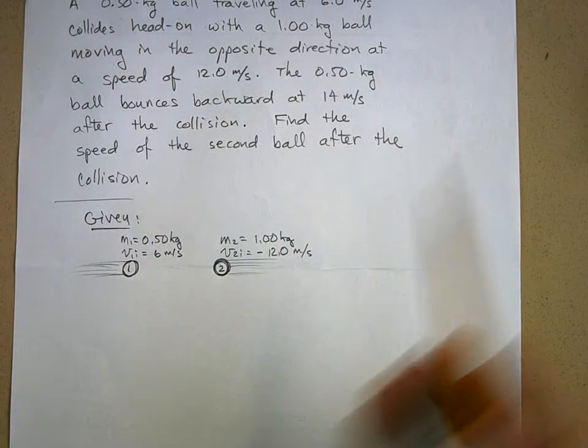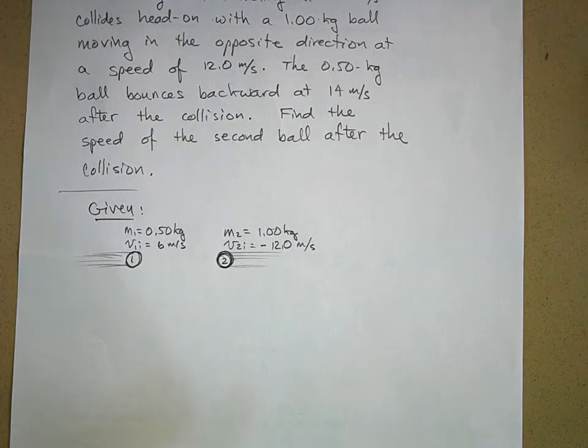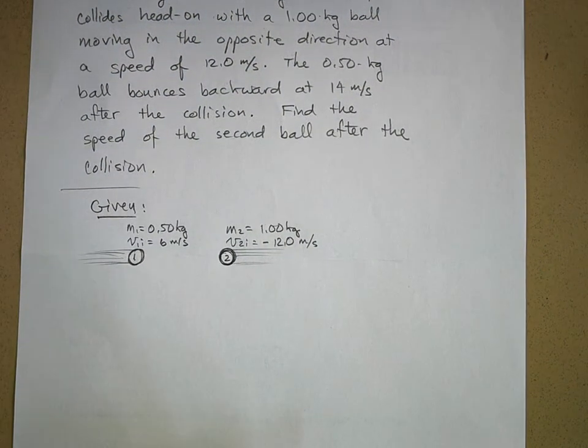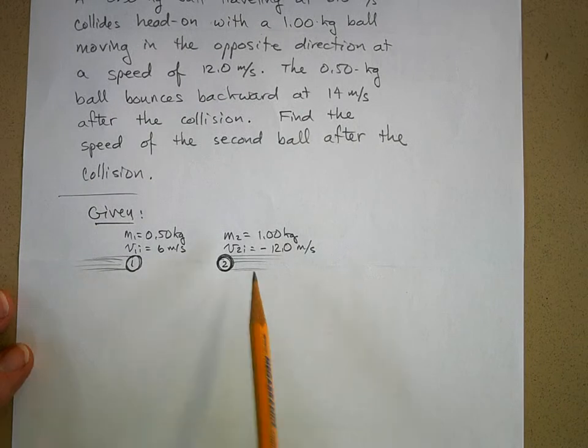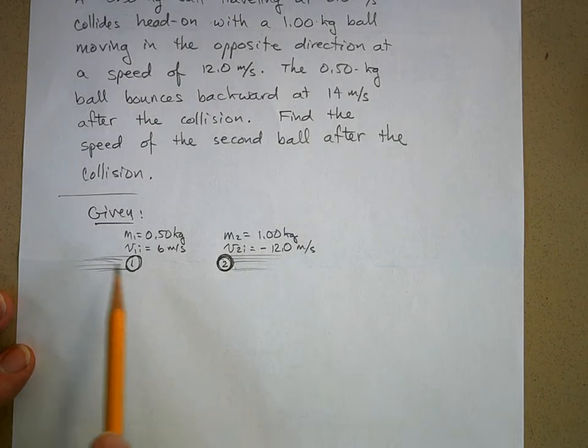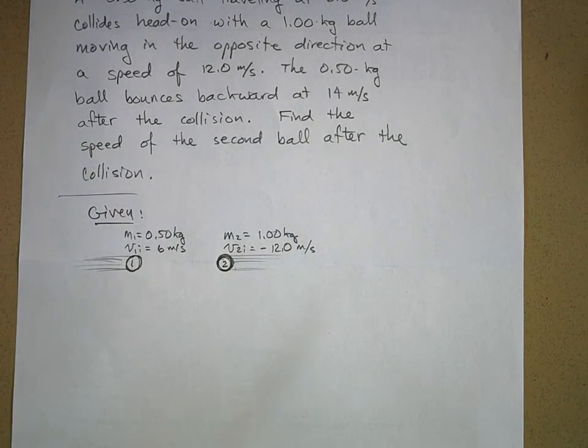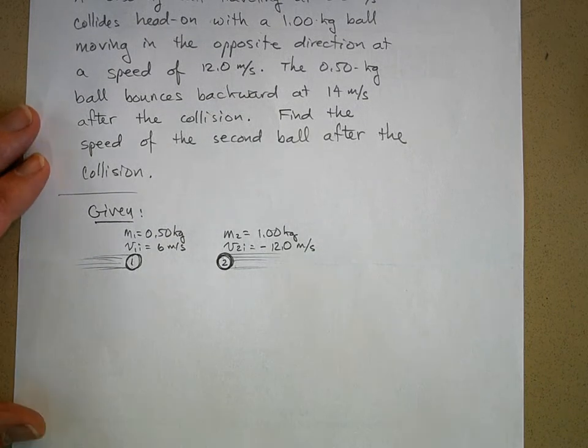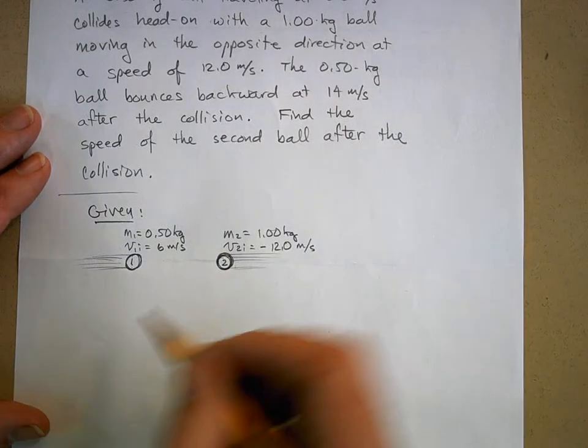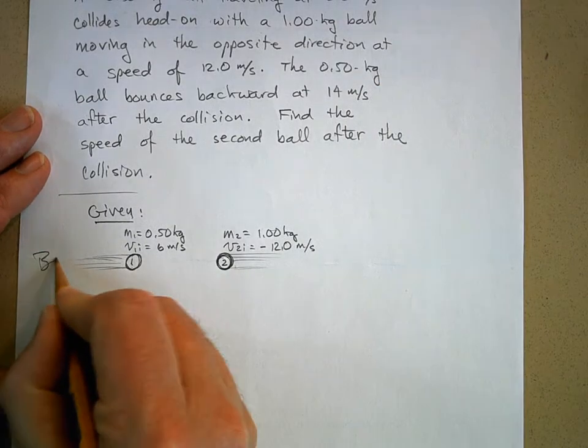Now what if you switch these? As long as it's very clear that you've made ball 1 going to the left and ball 2 going to the right, it's okay. You'll get the right answer, and everything will work out. Now this is before the collision.